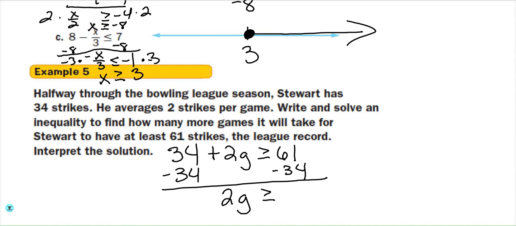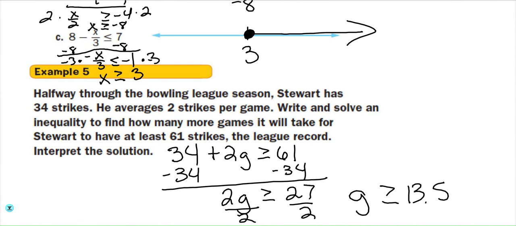Keep the sign the same for now. 61 minus 34, that's going to give us 27. Divide by 2. So it's G is greater than or equal, and that's going to give us 13.5.